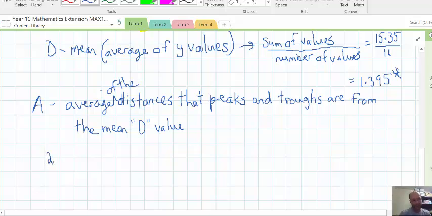So I'm going to show you the partial calculation. The first depth was 2.11 meters. I'm going to take that 1.395 off. And then I'm going to add it to the next one, which was 0.77. Now I'm going to put that second because it's smaller than the 1.395.